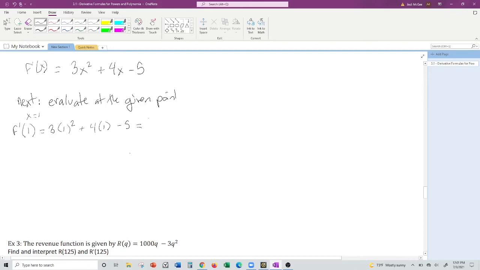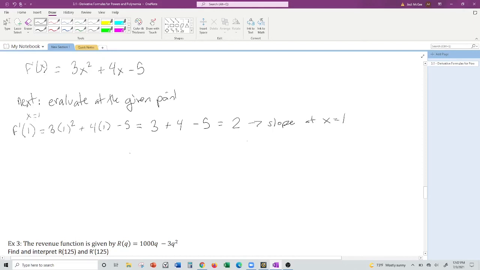This gives us 3 times 1 squared, which is 1, times 3 is 3, plus 4 times 1 is 4, minus 5. So we have 7 minus 5, which gives us 2. And this is our slope at x equals 1.